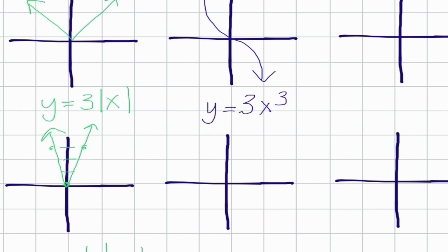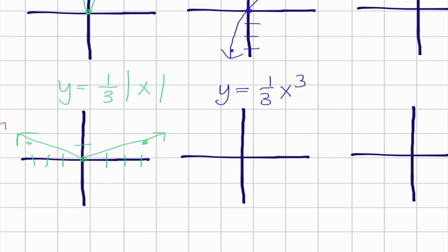Y equals 3x cubed. You've guessed it, this is a vertical stretch because we have this value here that is greater than 1. And instead of going up 1 and over 1, I'm going to go up 3 and over 1 and down 3 and over 1 in order to draw my graph.